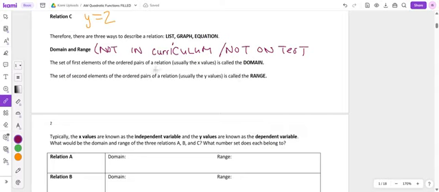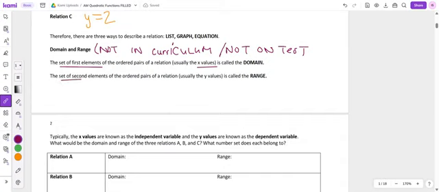So what is domain and range? Domain is just a list or a set of the first elements, i.e. the x values. So when we have a relation, we can split up the x's and y's, and all the x's are called the domain.